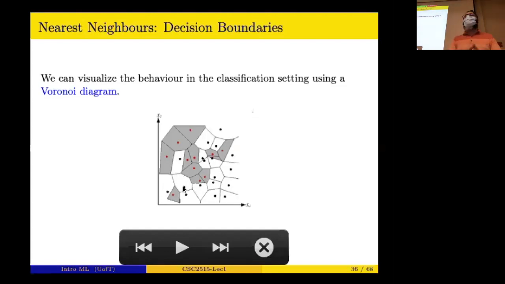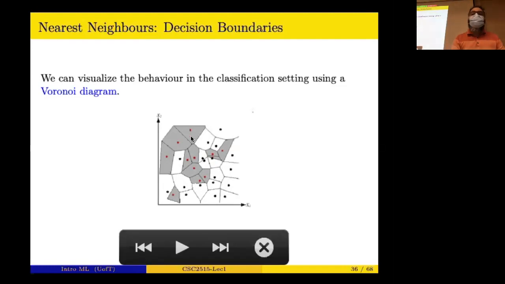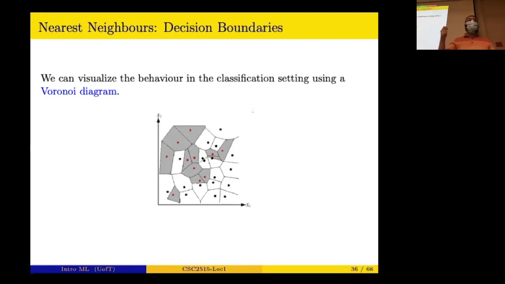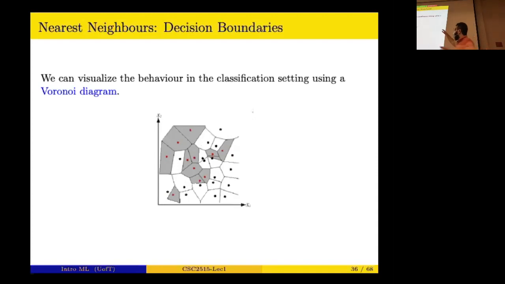So if we divide the input space into these regions, those points that are gray are essentially points that become, if we query a point here, for example, at the tip of my mouse, that would be labeled as a red one. And if it is in the blue one, that would be labeled as blue. So you see that the input space is divided into different regions.